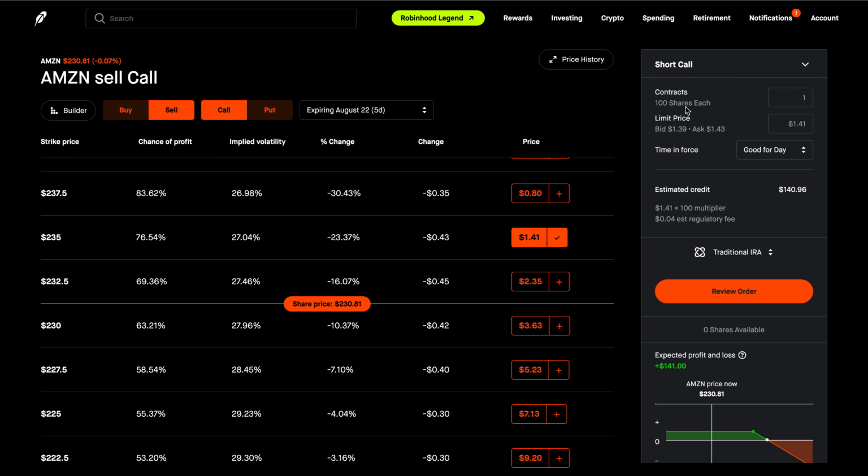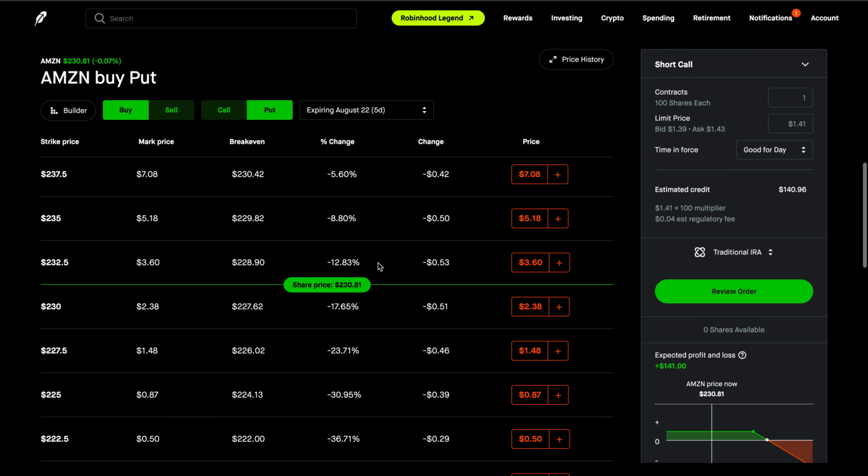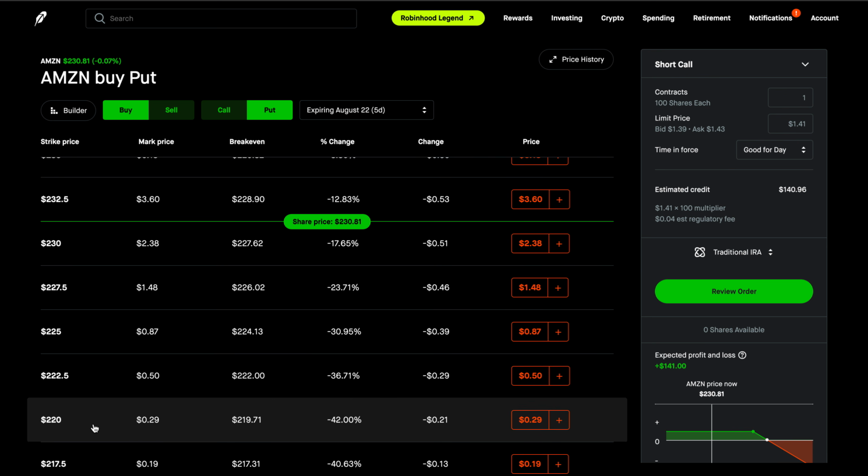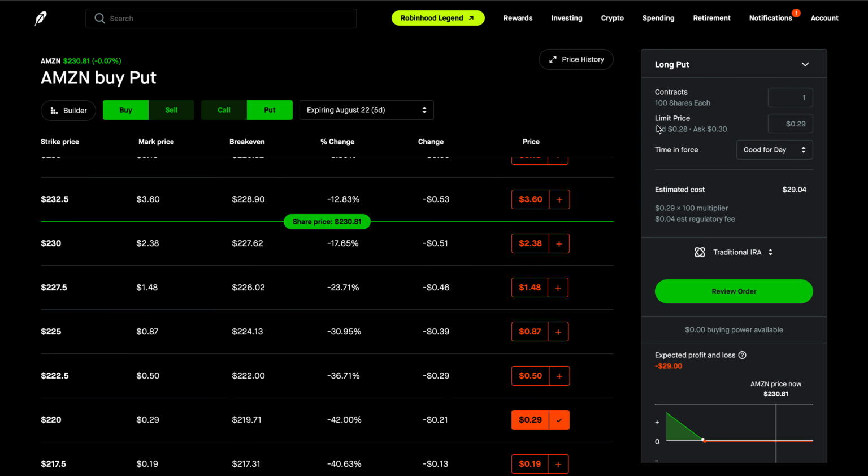That's kind of strange. Well, let's switch over to buying that put that we need to buy at $2.20 here. Let's go ahead and select that. Now take a look at that. The call that I just selected to sell has disappeared. And again, on the right, we only see the new put that we selected here. So as you can see here in this traditional IRA account, I'm not able to select more than one option to trade.